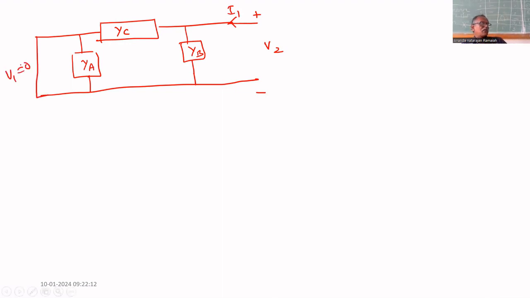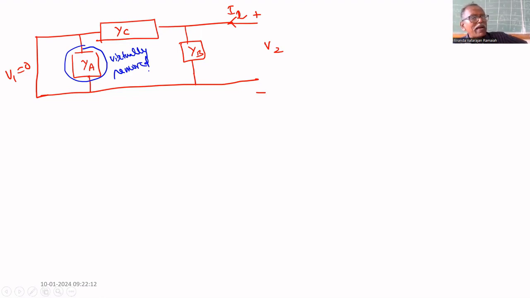That's why this is short circuited. YA is virtually removed from the circuit. YA is not in the circuit because of the short circuit.